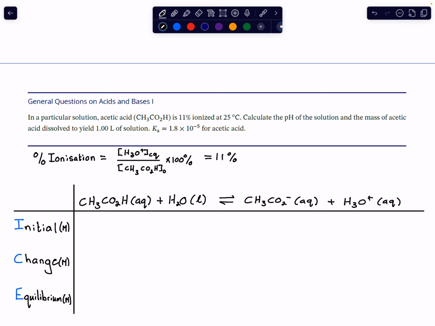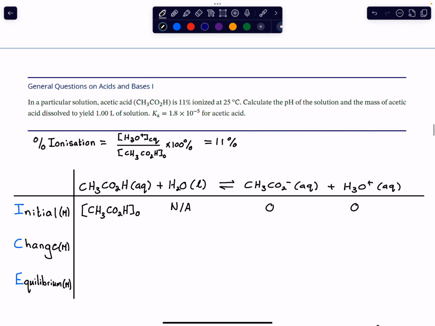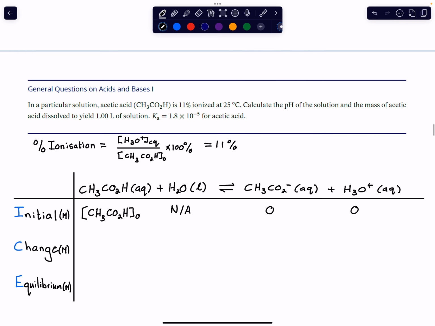If we dissolve some acetic acid in water, initially you should have some sort of concentration of acetic acid, right? Water does not have a concentration, so it's not applicable to it. And initially there shouldn't be any of your ions because the acid hasn't yet ionized.